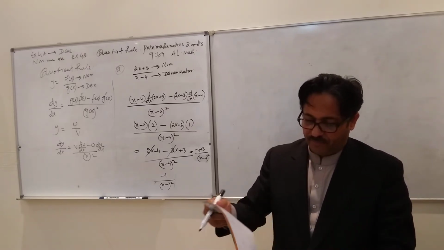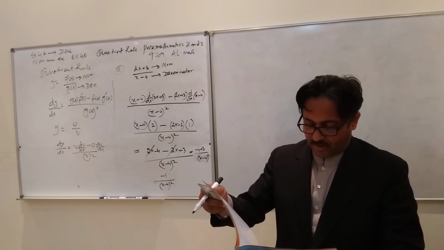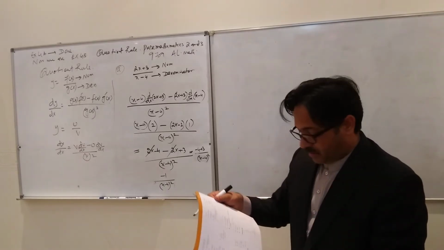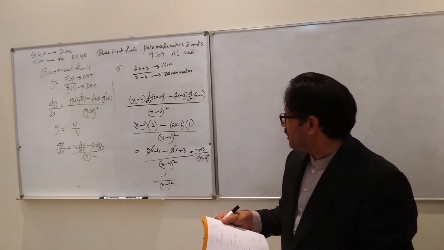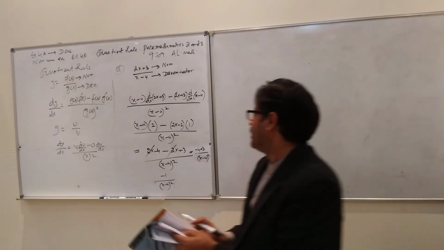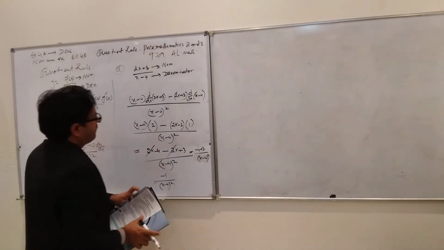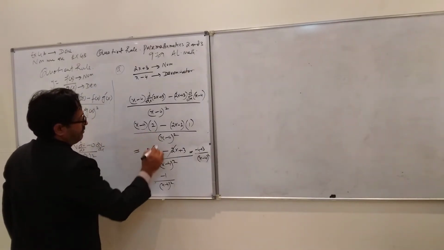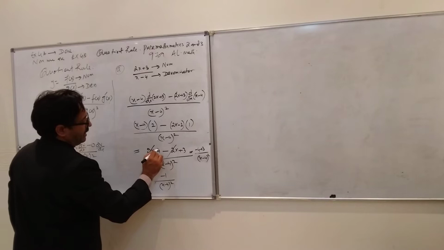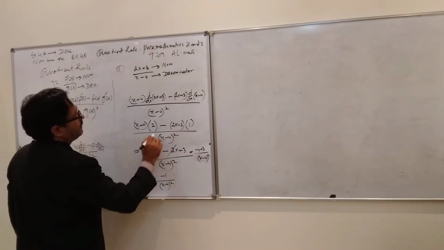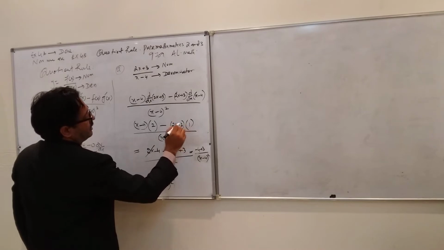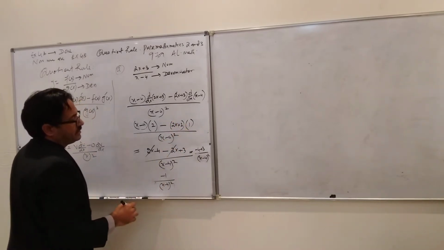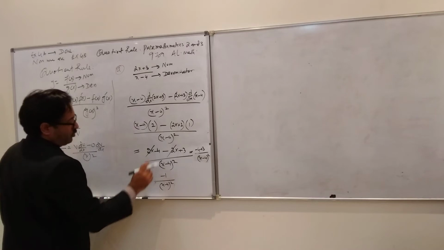Okay, 4B, part A. It should be minus 8 here, and the 1 is plus here, not minus. There are two mistakes basically.